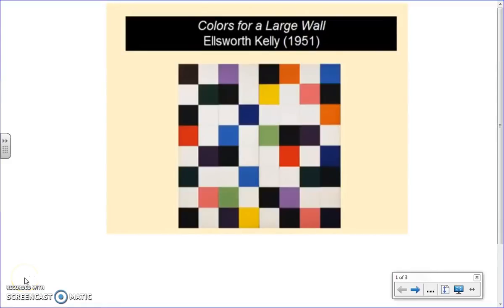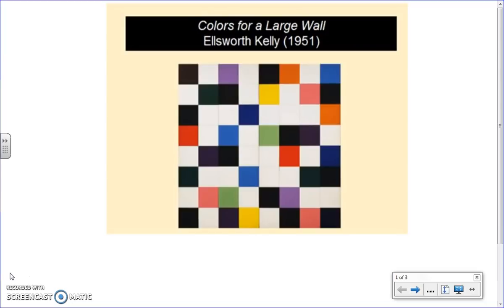This is Mr. Gillum, and today we're going to be incorporating art into math. One of the main pieces that an artist named Ellsworth Kelly is famous for is called Colors for a Large Wall. This piece of art actually came from the leftover scraps from another piece he was working on called Spectrum Colors Arranged by Chance.